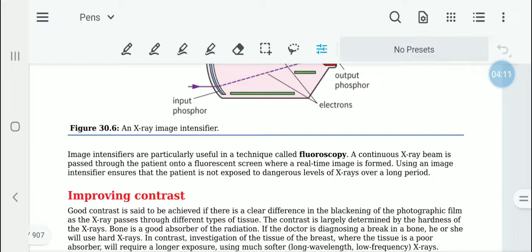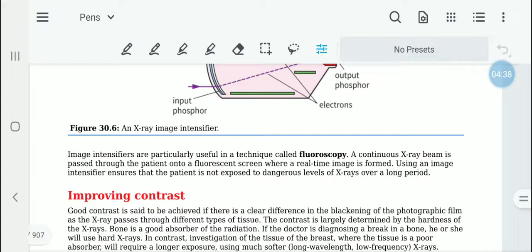It is useful in a technique known as fluoroscopy. In fluoroscopy, a continuous X-ray beam is passed through onto a fluorescent screen where a real-time image can be formed. Using this image intensifier, we can move the arm or sweep without taking several X-rays.